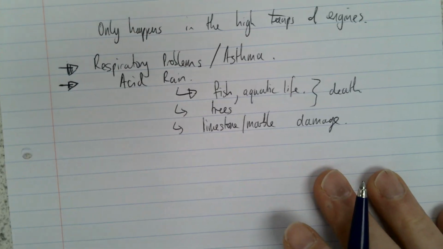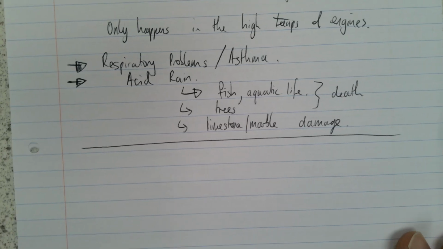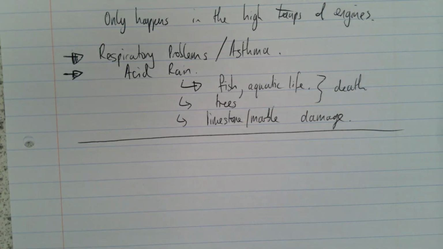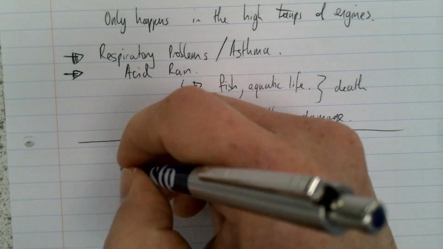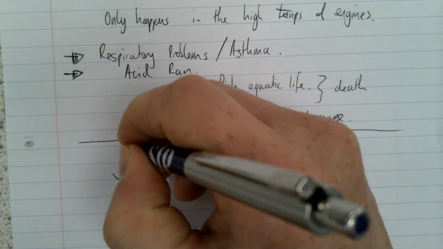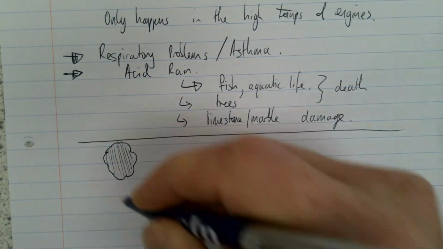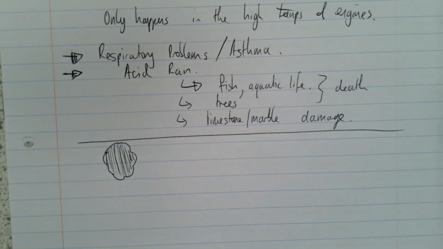The other one that people often struggle with a bit is this idea of getting acid rain from sulfur dioxide. Now, I want you to think really hard about what I'm saying here. This is not overly complicated, but people really struggle with it. So let's say you've got a lump of coal, and I'm going to colour it in, blue or black.